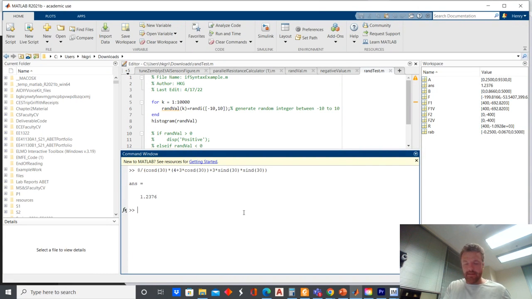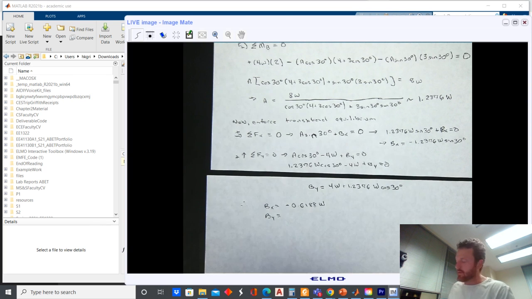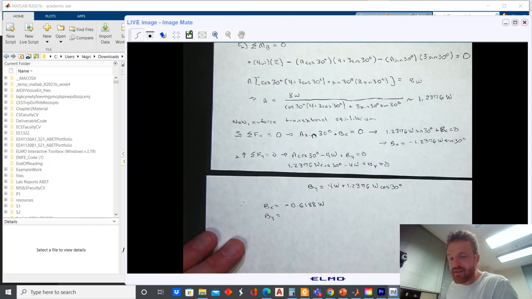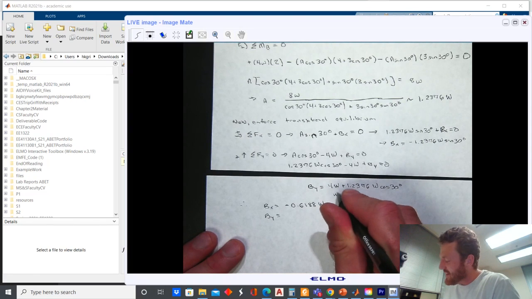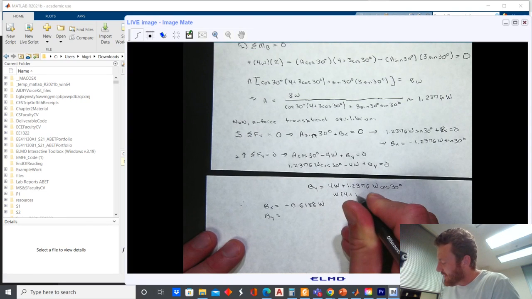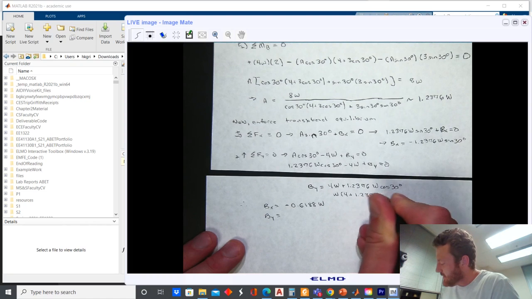So for the x, I need to take minus 1.2376 times sine of 30. So that's going to be minus 0.6188 W, minus just meaning we assumed the wrong sign. And for the y, let me actually go back to the cam and show you. I can factor out the W here and just write this as 4 plus 1.2376 times cos of 30.